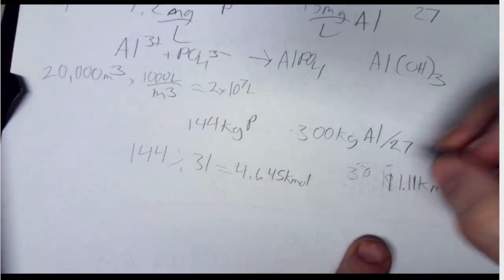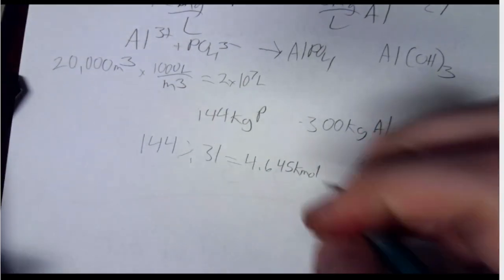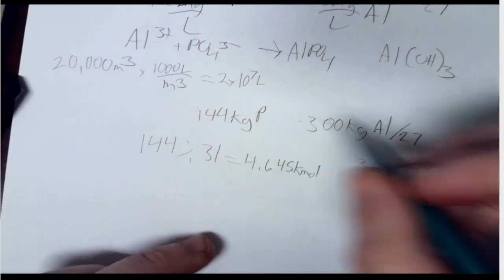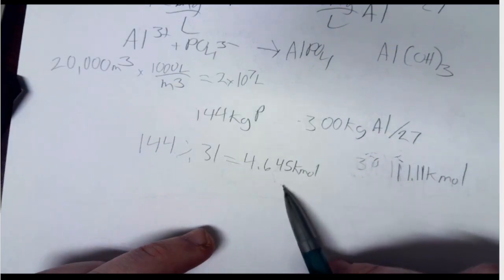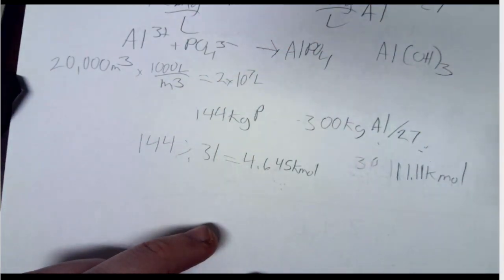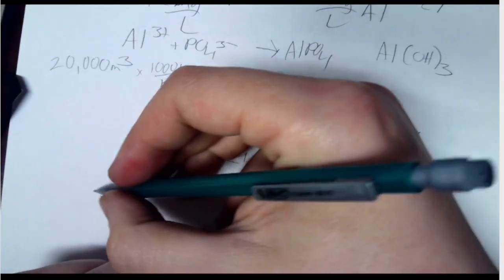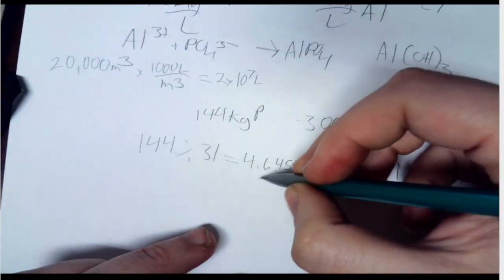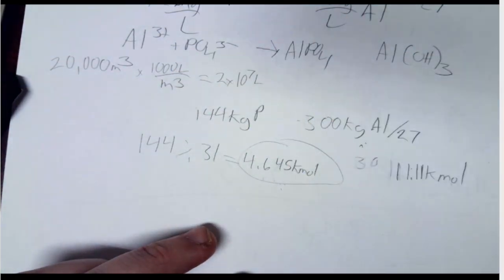Now, that's moles of aluminum. Every 1 mole of aluminum reacts with 1 mole of phosphorus. So with that in mind, what is the limiting reactant? The limiting reactant is phosphorus.